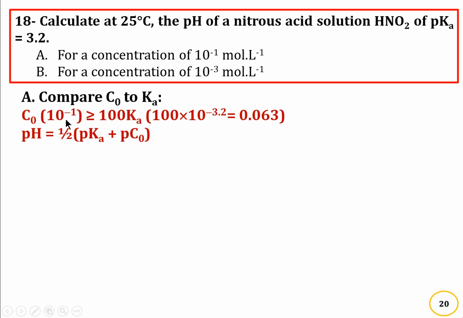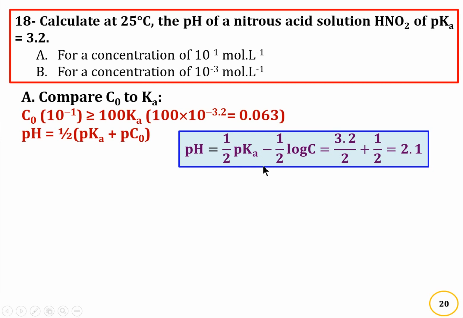C0 equal 10 minus 1, 100 Ka equal 100 times 10 minus 3.2 equals 0.063. So C0 is greater or equal 100 times Ka is valid, so the formula that should be used: pH equal half pKa plus pC0. So pH equal half pKa minus half log C, and the value is equal to 2.1.